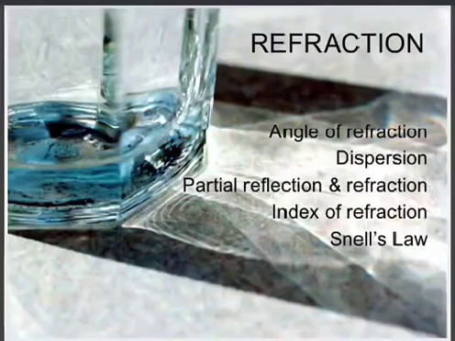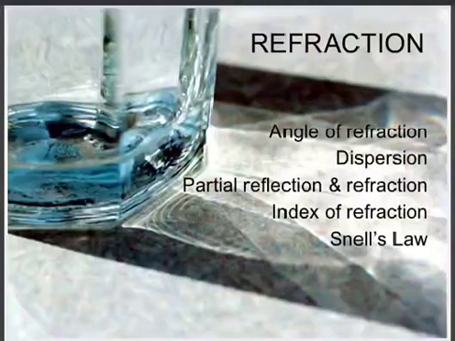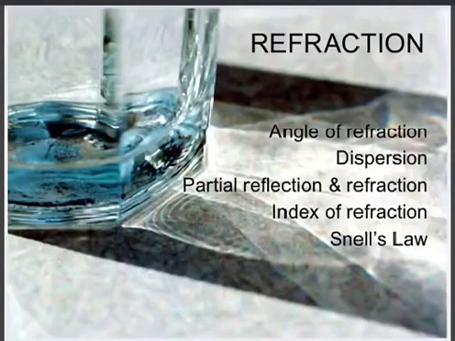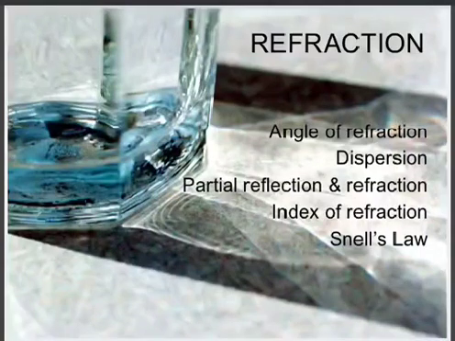So this is the fourth chapter of your textbook, or you can say the first chapter under light. Refraction of light. We are going to study what is refraction, what is dispersion. Then we will talk about what is refractive index, that is index of refraction, and Snell's law.